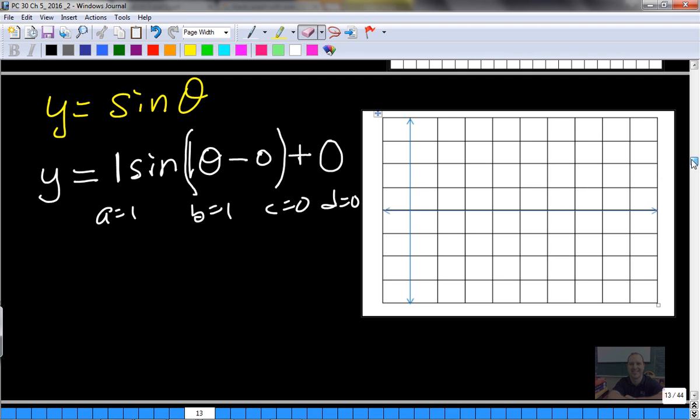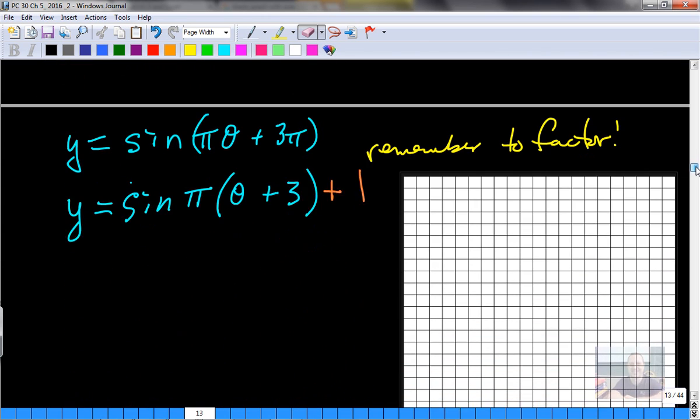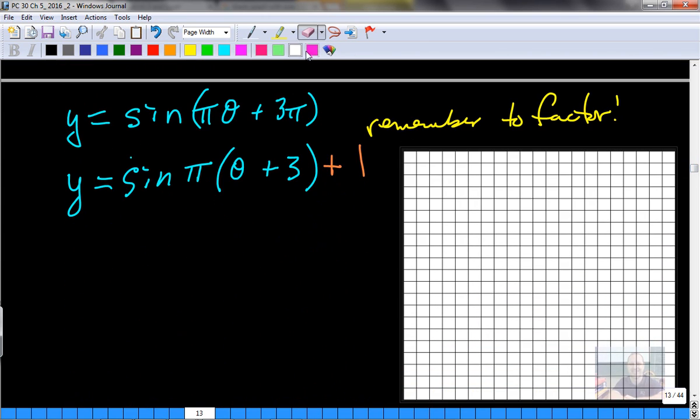Okay. So I'm not going to draw a graph here right now, just for time's sake. I'm going to keep on moving here. But I will talk to you about this sort of thing, okay? If you have a graph like y equals sine of pi theta plus 3 pi, and let's say this is all inside the brackets, what we're going to need to do is make sure that we have factored this binomial.